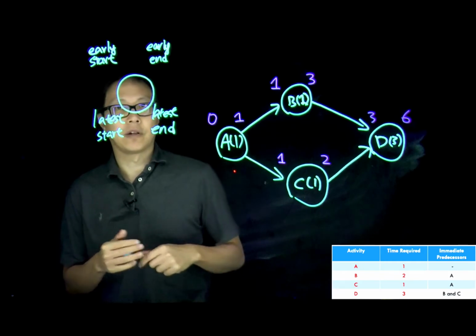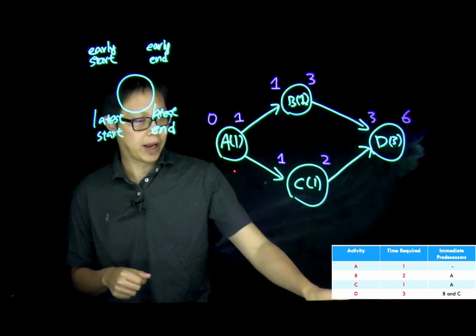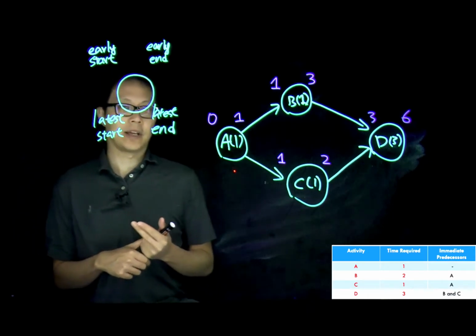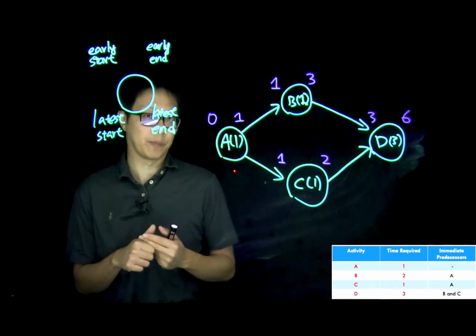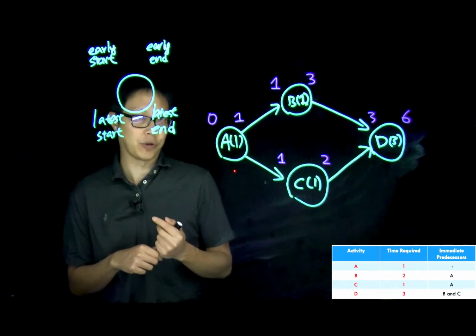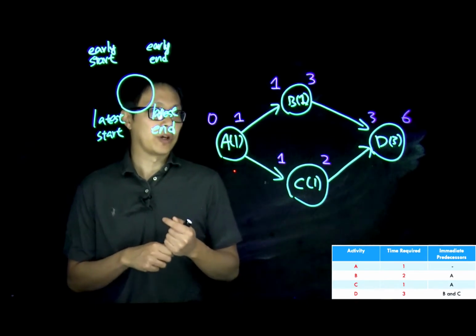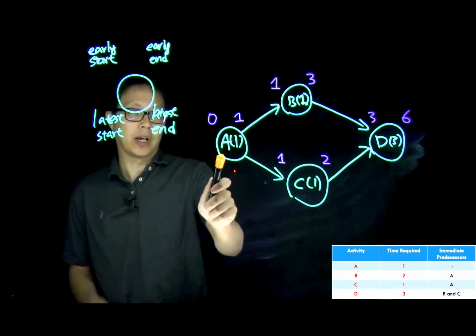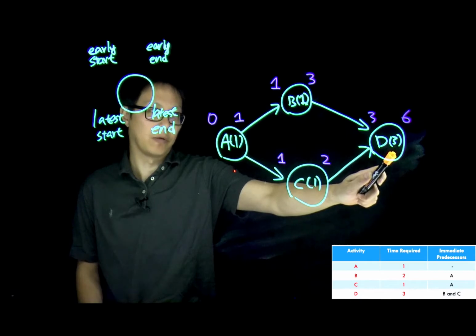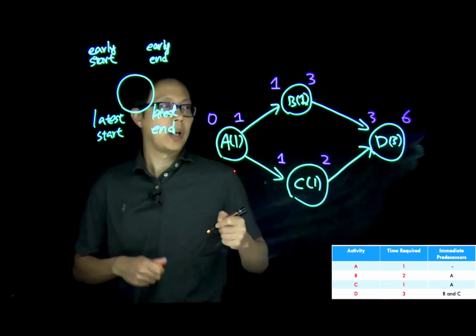Once you figure out the early start time and the early end time, the next thing you want to do is figure out the latest time you can finish each activity and the latest time you need to start it. To do that, we don't work on the first node. We actually start from the last node and work backward.